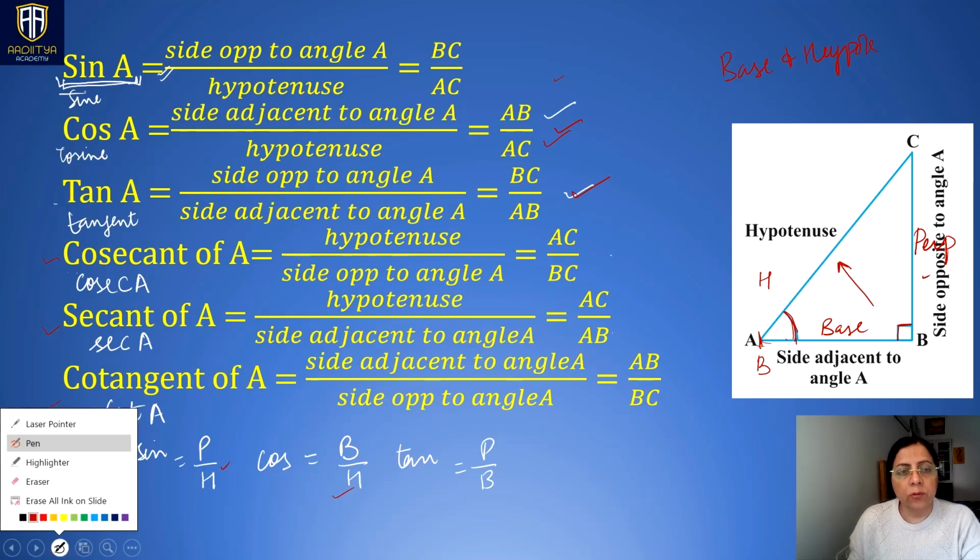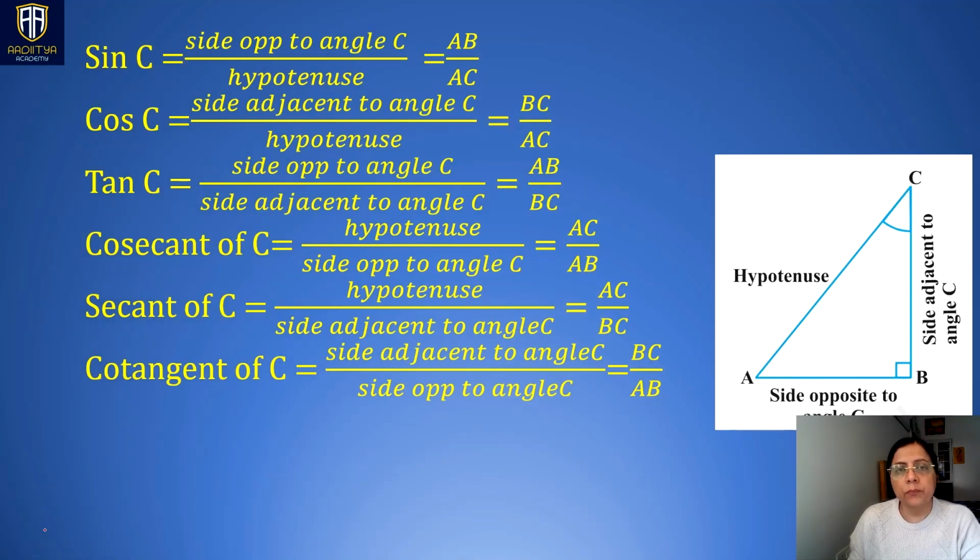So next, in this figure we are taking ratios about angle C. Here this is a right angled triangle. The side opposite to the right angle is called the hypotenuse, which is the longest side in any right triangle.